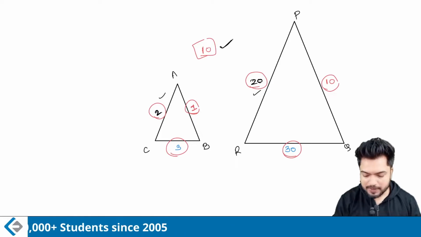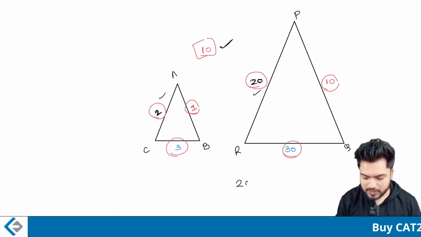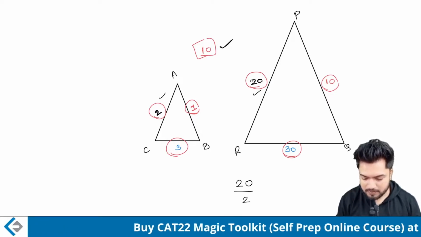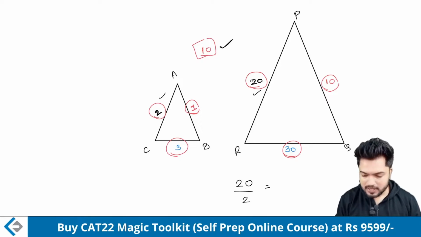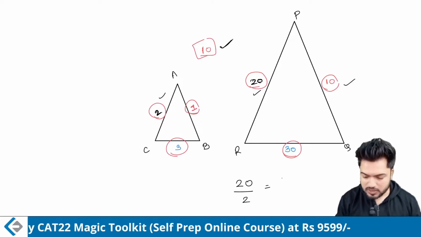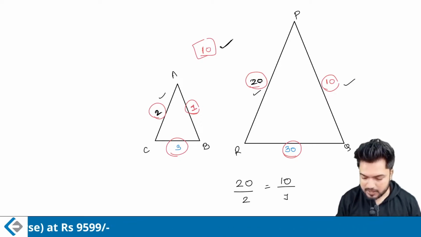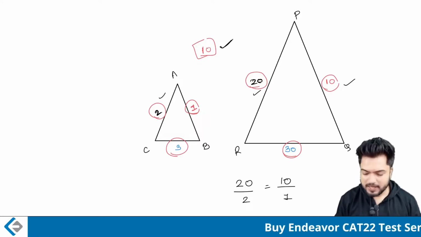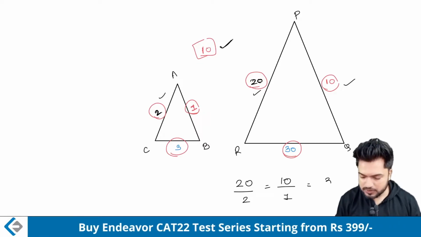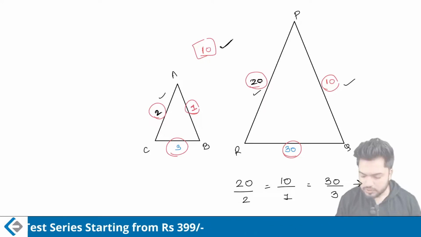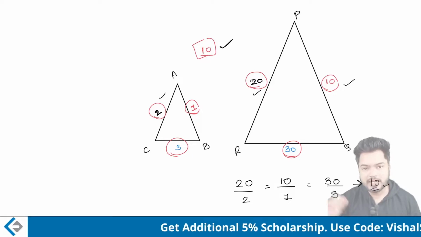Ratio of their sides means PR upon AC, which is 20, then PQ upon AB, which is 10 upon 1, then RQ upon BC, which is 30 upon 3. The ratio of all these will be constant, equal to 10, because it got magnified 10 times.